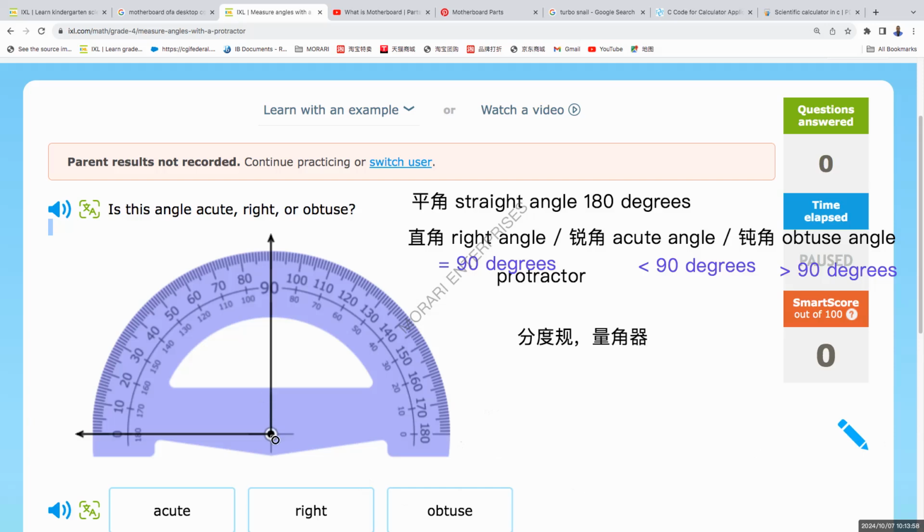This line was first facing this way, and the line begins to turn. As you're turning, the angle is also turning. So angles measure the degree of turn, the amount of turn. And you can only turn and go round. One round is 360. So if you turn halfway it is 180, because a full turn is 360.